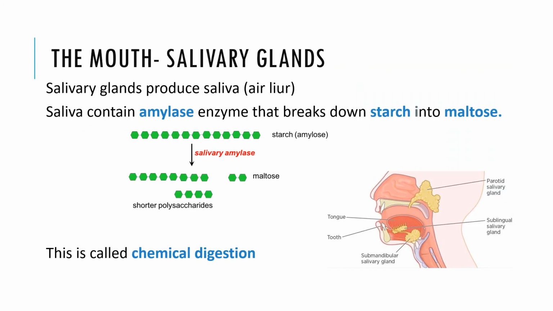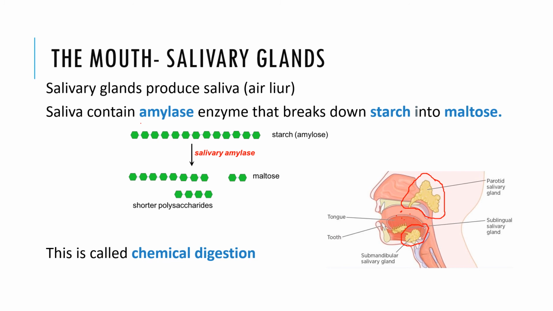At the same time, the salivary glands, here, on the top of your mouth and at the bottom, produce saliva into your mouth and mix it with your food. Why is it so important to have saliva?